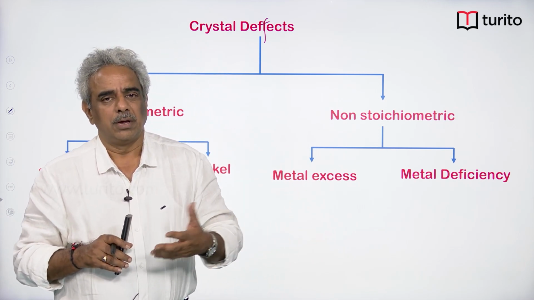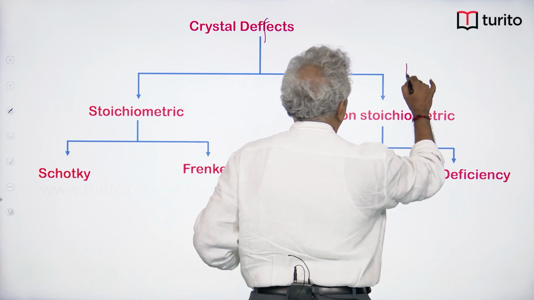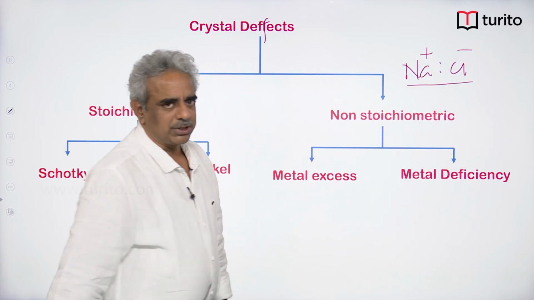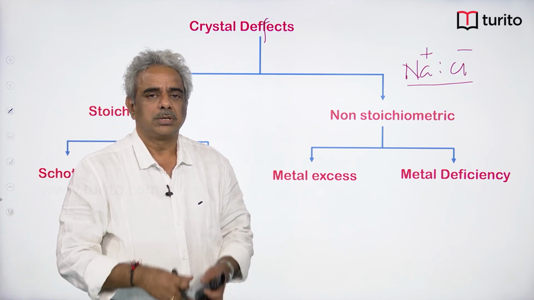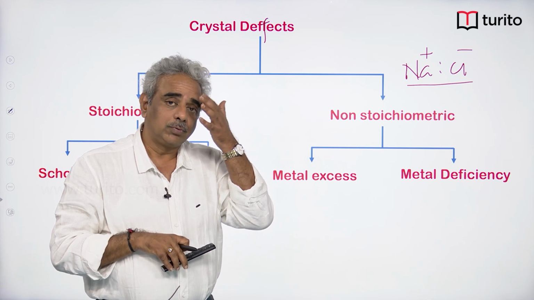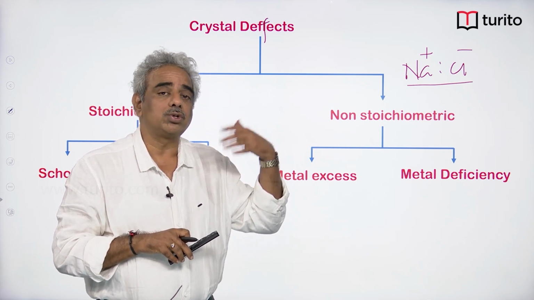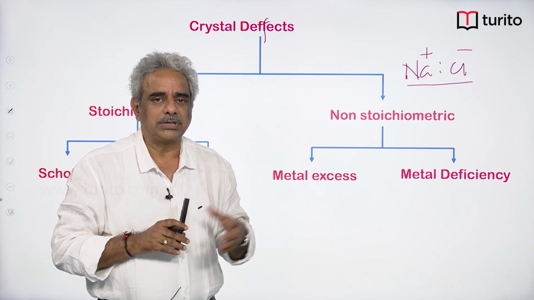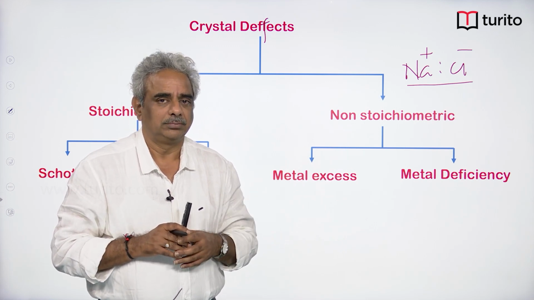Suppose you are thinking that for 1 sodium there should be 1 chlorine. This is the original stoichiometric ratio. Suppose you find a crystal with more sodium and less chlorine, then it is not stoichiometric. That is a non-stoichiometric crystal.